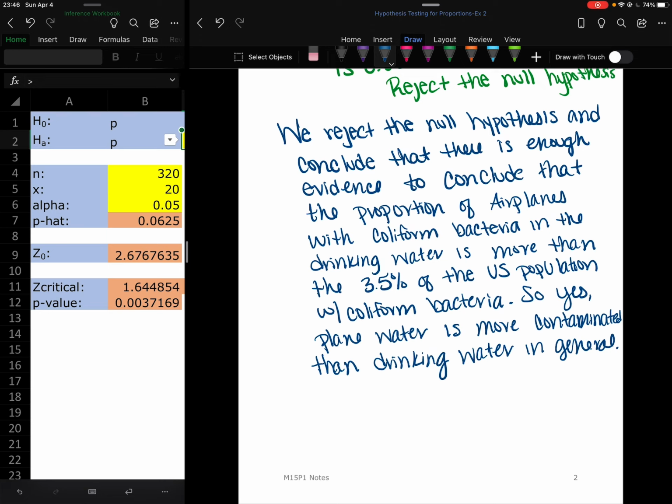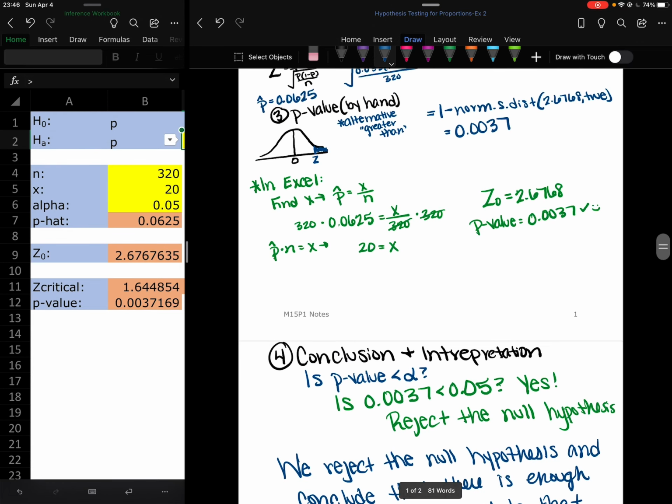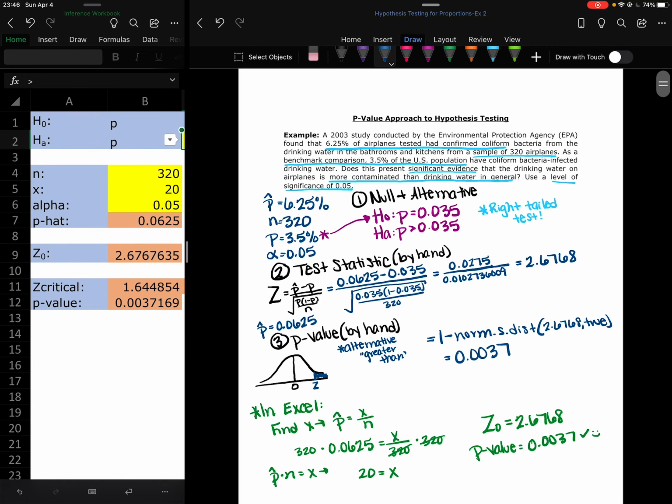Bring your own water on a plane. That's what this is telling us. This also told us how to do a hypothesis test for a right-tailed test with proportions. Scroll back up to the top.